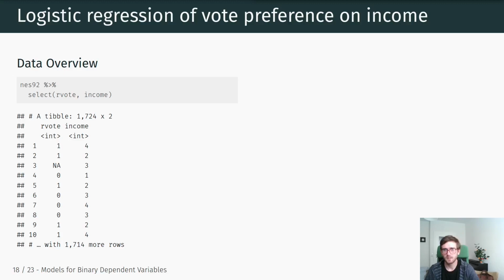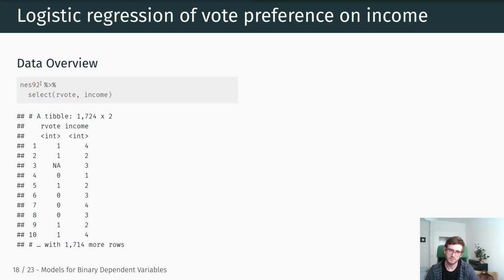Okay. The analysis that I'm going to focus on in this video is very basic. We'll just introduce logistic regression in a simple bivariate framework. What we're going to look at here is the subsetted ANES 92 data set that I subsetted in one of the previous videos.